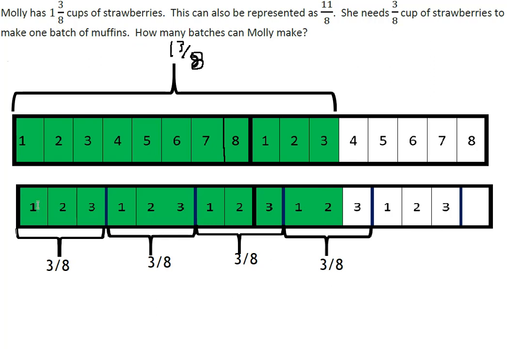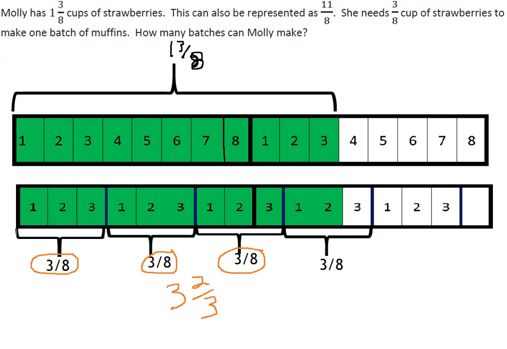You can see that she can make exactly 3 2/3 because you'd look at it like this. Here's one batch, so I'm going to circle where the batches are so you can kind of see. I'm going to do it in orange. So here's one batch, 2 batches, 3 batches, and then the last batch is only 2/3, so it's going to be 3 2/3 because the last one's 2/3.